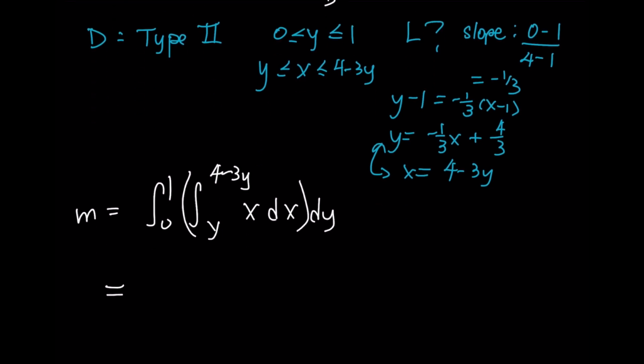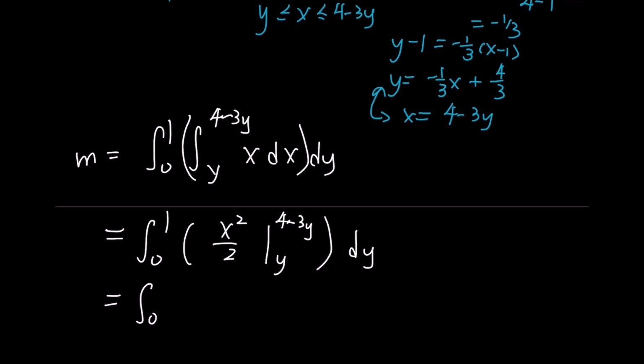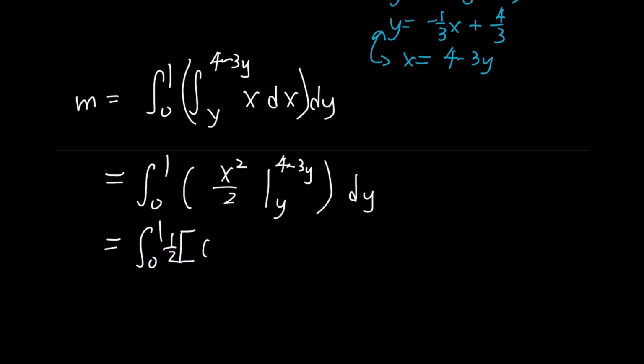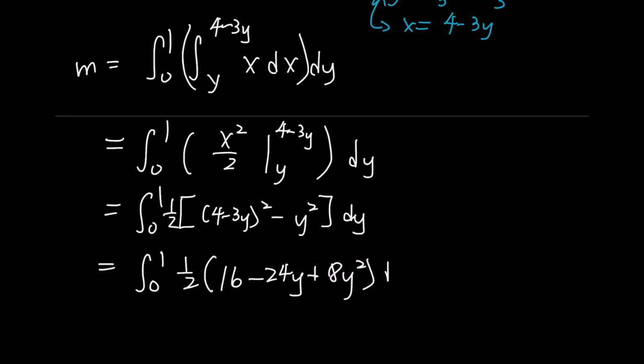So this integral is straightforward here to begin with. We're going to get x squared over 2 evaluated from y to 4 minus 3y. And then that result will have to be integrated in y. What you're going to end up getting is a half, (4 minus 3y) squared subtract y squared, dy. If you expand everything out, this simplifies to 16 minus 24y plus 8y squared dy.